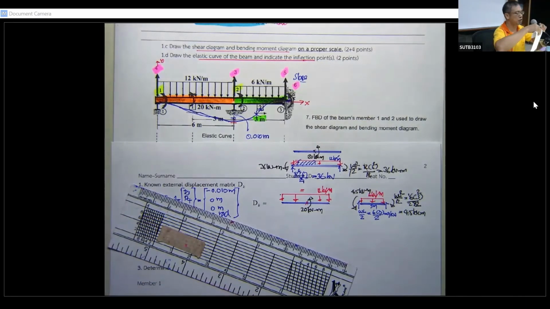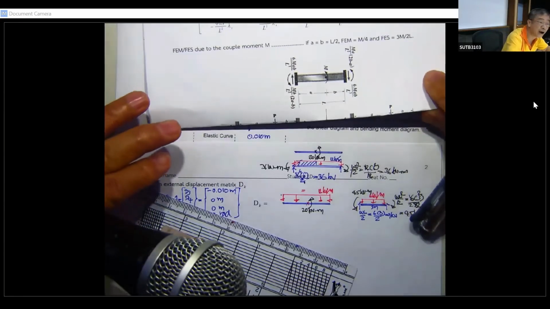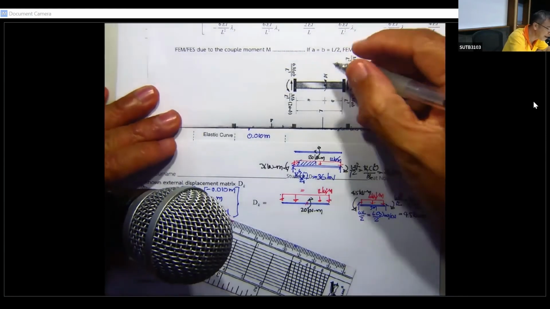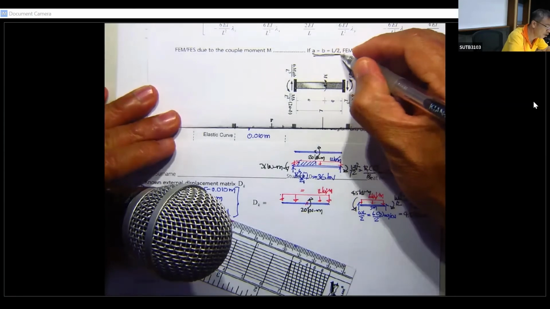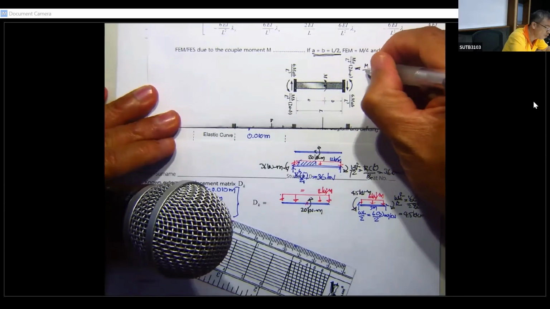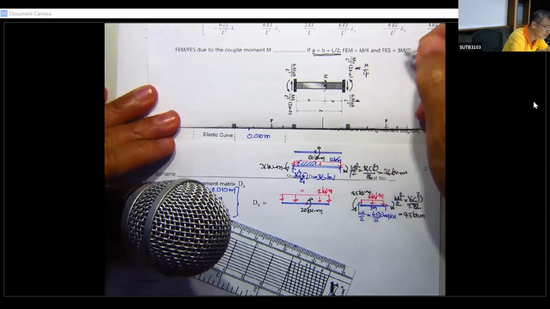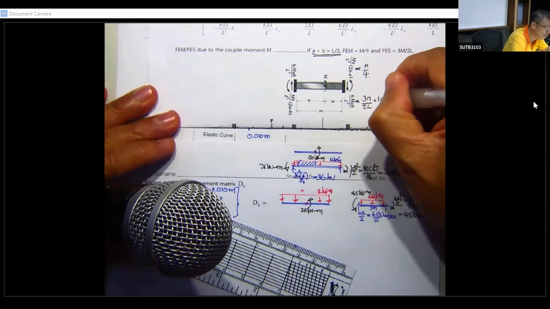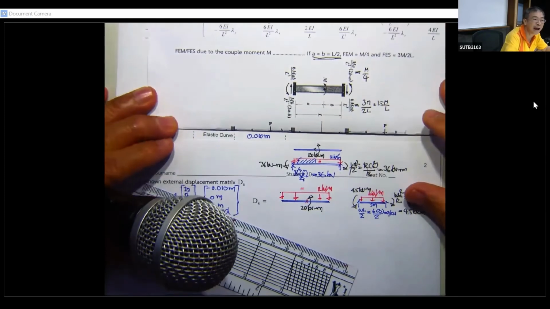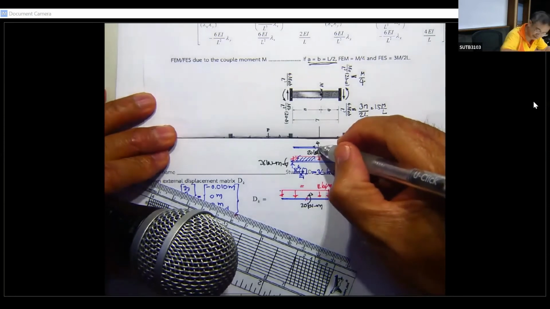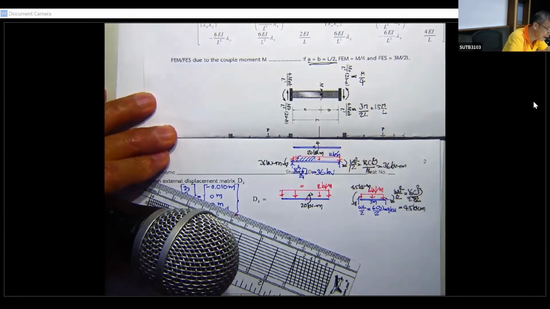Let me show you. I did provide the students with this kind of fixed end shear and fixed end moment table. By doing this, the A and B are equal, so this one will change into M over 4, and this one will change to 3M over 2L, or 1.5 M over L. Based upon this, see, this is the direction, and this is going to be the end shear.